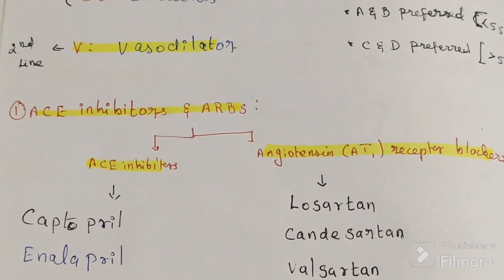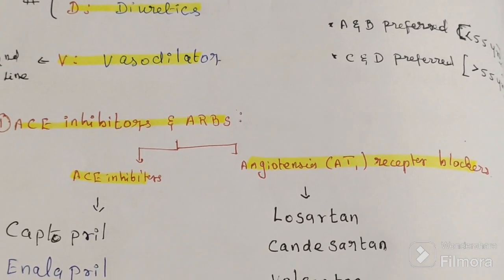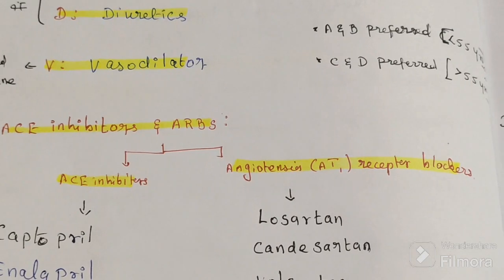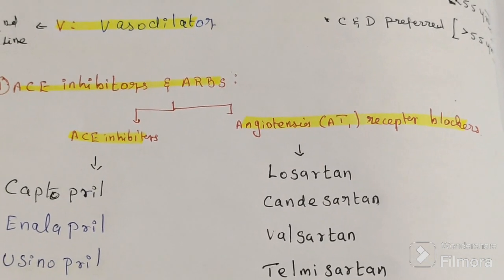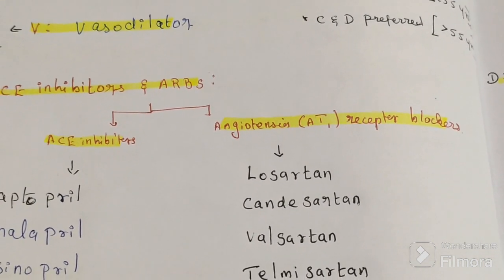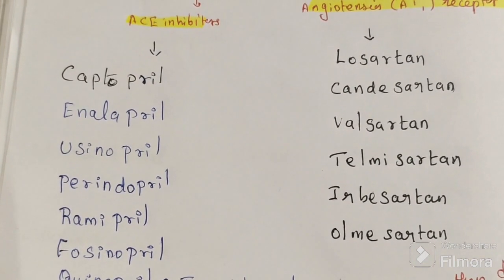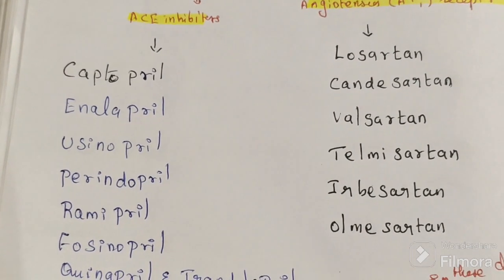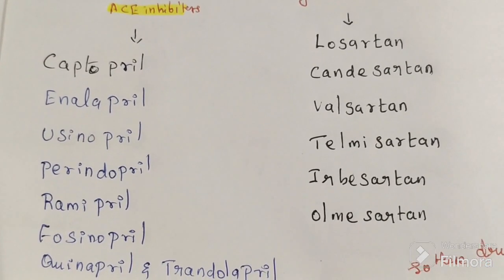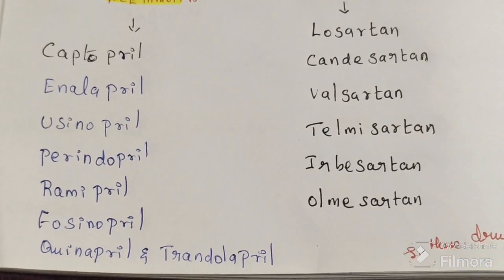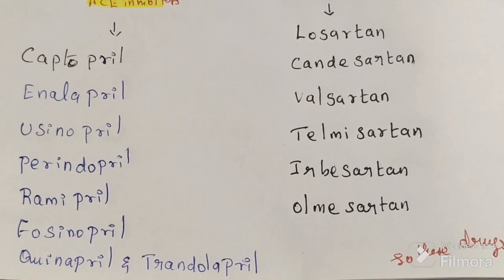So the first one is ACE inhibitors and ARBs, the drugs which inhibit RAS: ACE inhibitors and angiotensin receptor blockers. For ACE inhibitors, all the drugs have the suffix pril: captopril, enalapril, lisinopril, perindopril, ramipril, fosinopril, quinapril, and trandolapril.